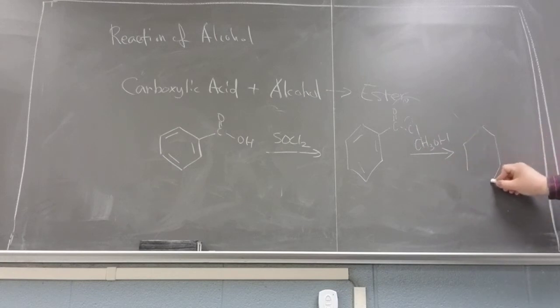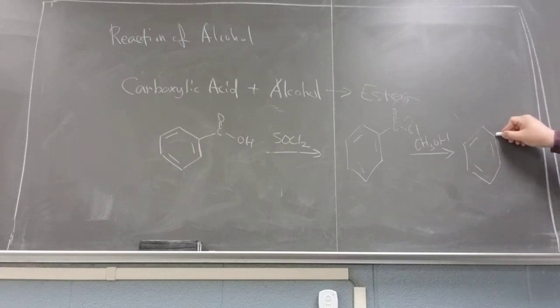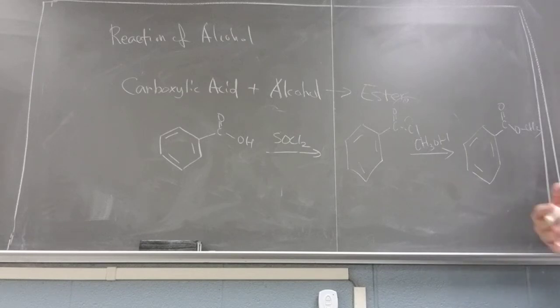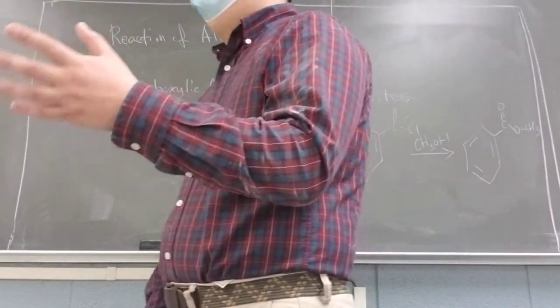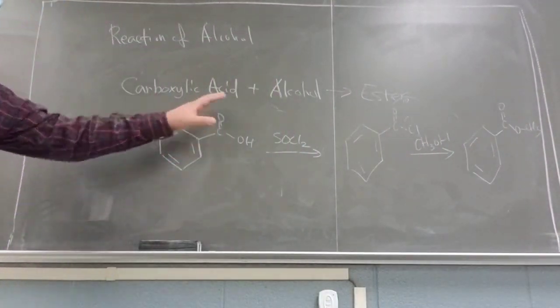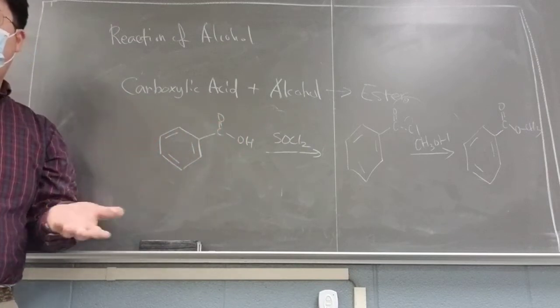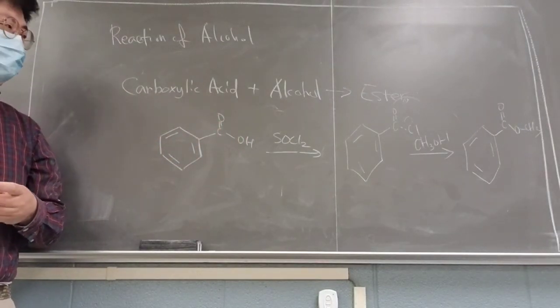So this will make an ester group here. So it's pretty much the same thing, but in a different pathway. But you can actually use carboxylic acid compounds with alcohol. You can make some ester compounds.